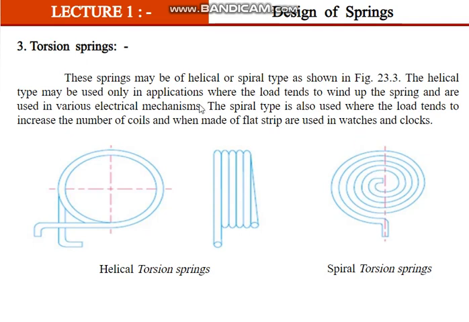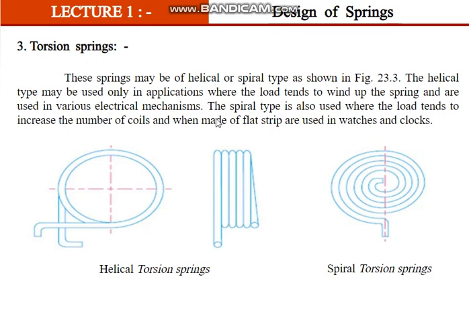The helical type may be used only in applications where the loads tend to wind up the spring, and are used in various electrical mechanisms. These springs are called torsional springs and torsional helical springs. Your exam writing pad, that clip has springs in it. So those are torsion springs.